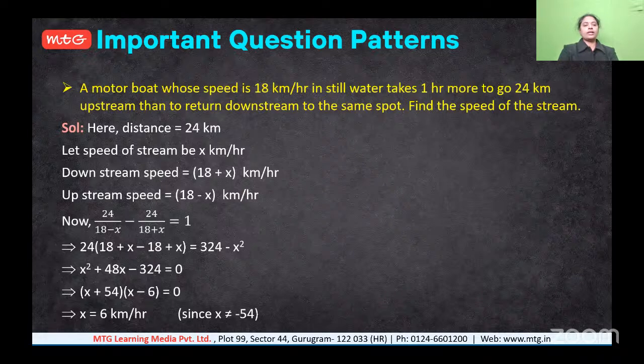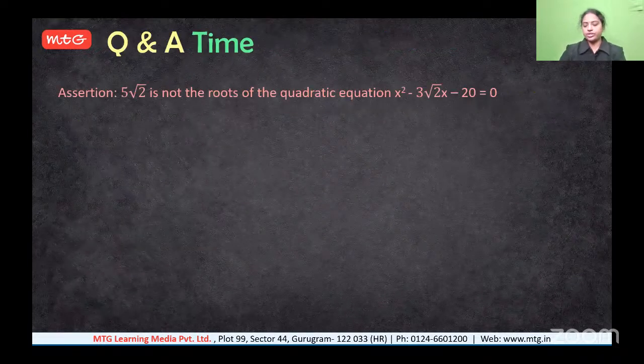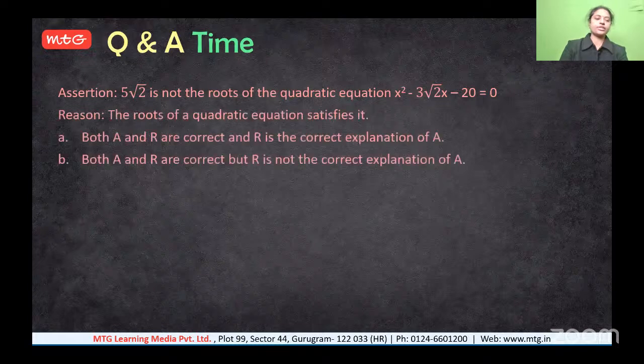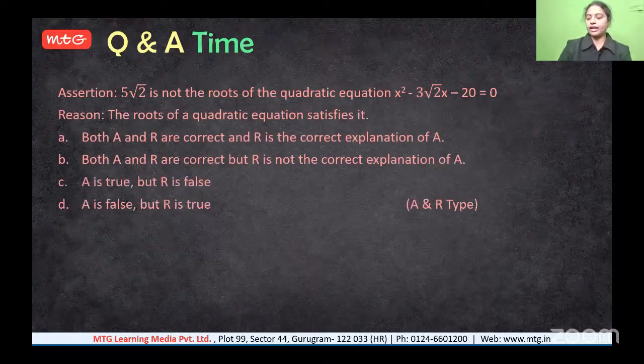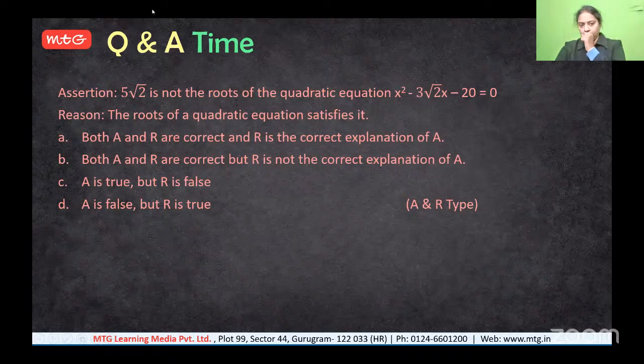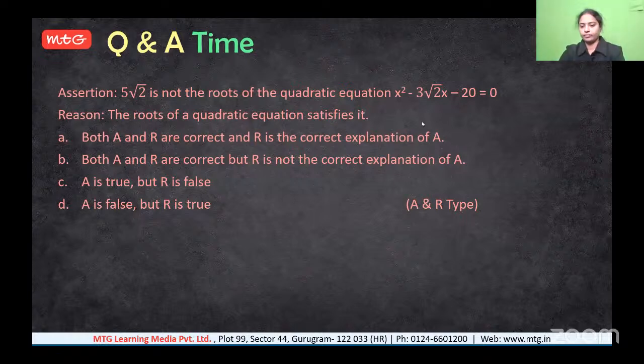So now it's your time of solving. Here is the first question. It's an assertion reasoning question. Solve it and let me know the answers. So are you all able to follow the class?